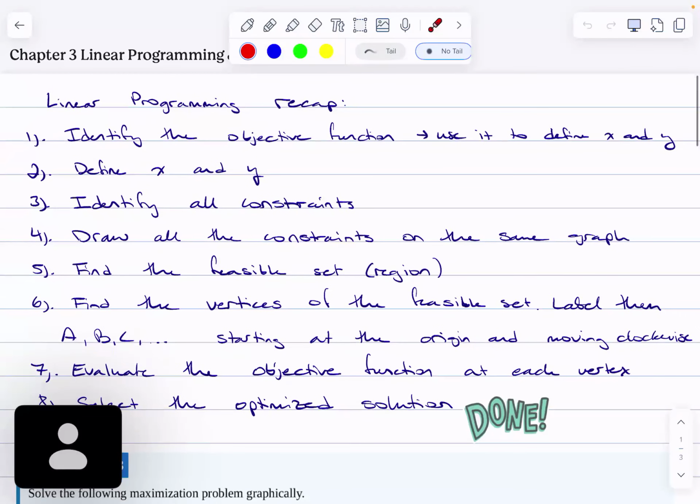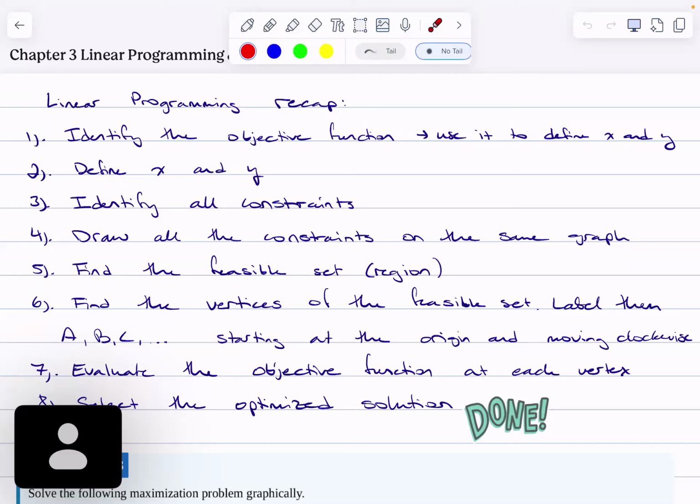I'm changing the order of the first two points because as I'm doing them, I find that it's easier to figure out what x and y have to be if I first figure out what the objective function is.